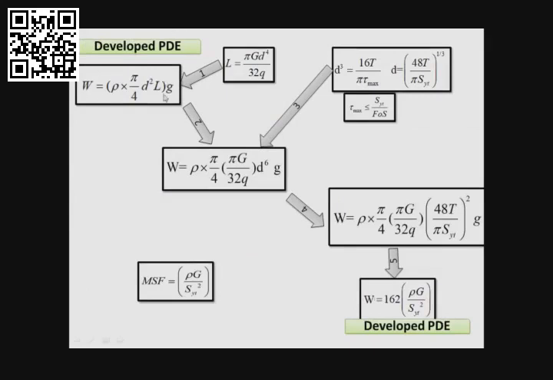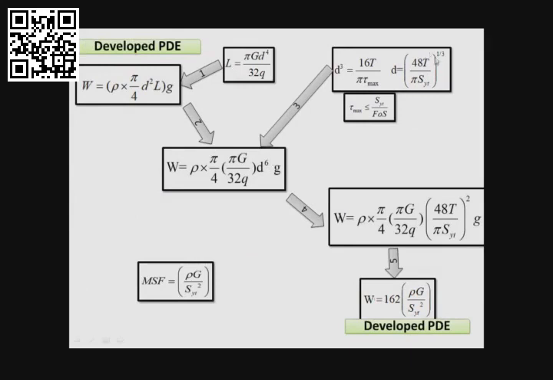This is the equation we got from the previous slide, that is weight. Instead of L, we substitute the L value in this equation, and we are going to get this equation. And d also we got in the previous slide. If you take this on the right side, it will become 1 by 3.